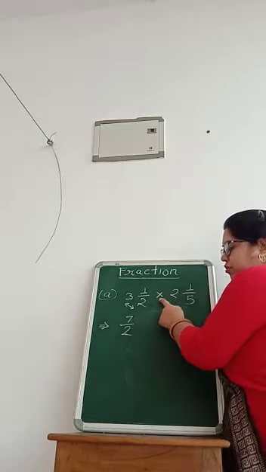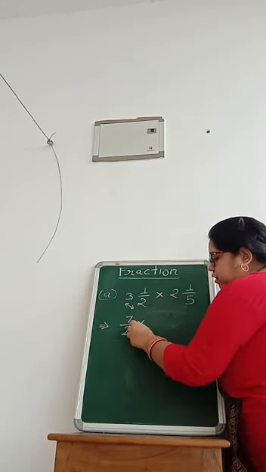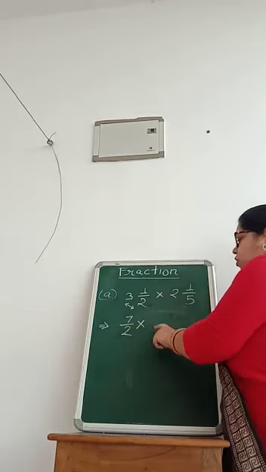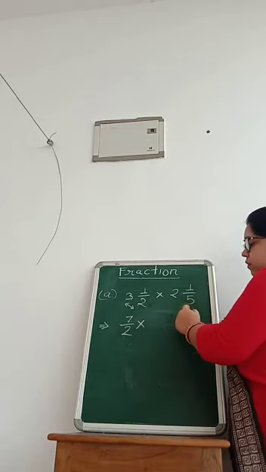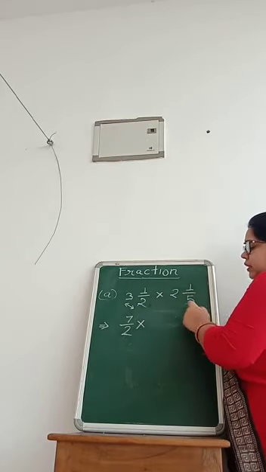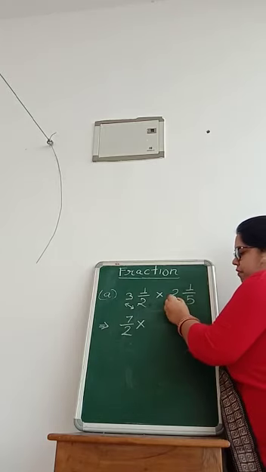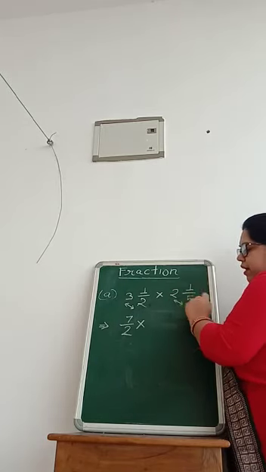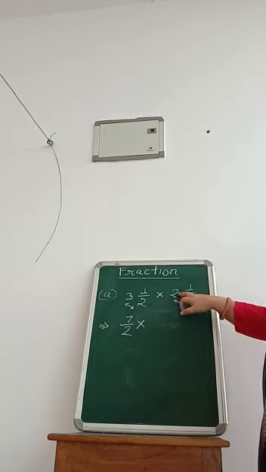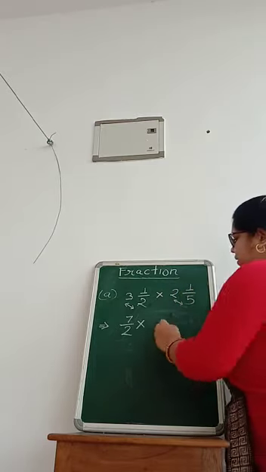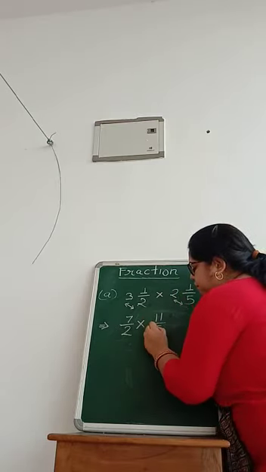What is the symbol used here? Multiplication. So we will use the same symbol. Now what is the next number here? This is 2, this is 5. Again we will multiply this 5 and 2. So 5 2s are 10 plus 1 is 11. So 11 upon 5.